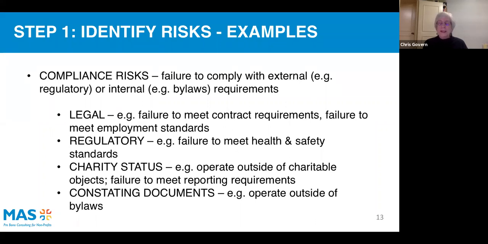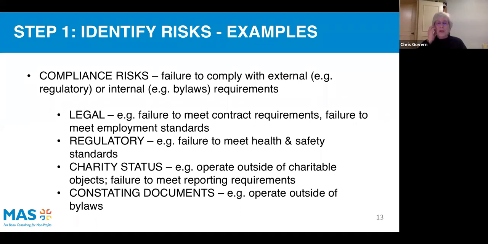The second type of compliance risk is that you do something that you are prohibited from doing, either externally by regulation or internally by your bylaws. So the source of compliance risk can be internal or external, and it can be a failure to comply or doing something that you are prohibited from doing.